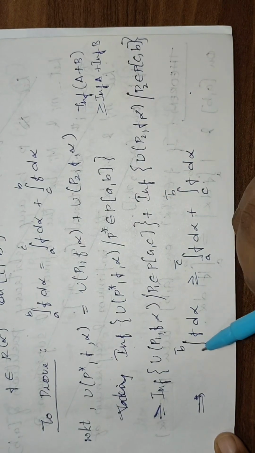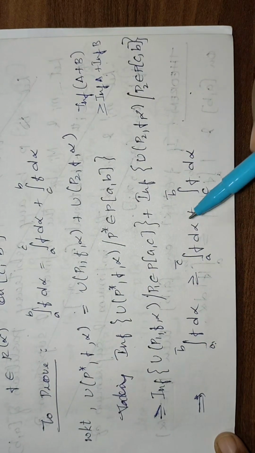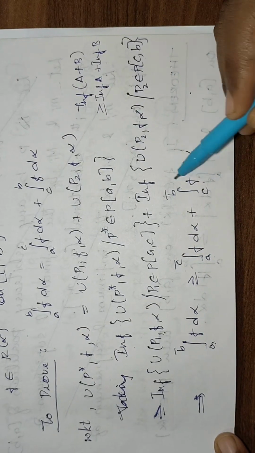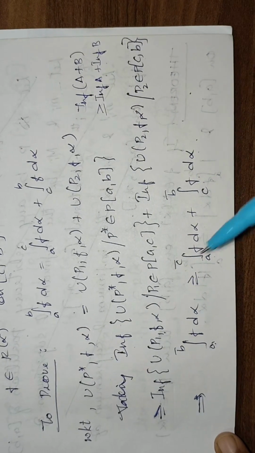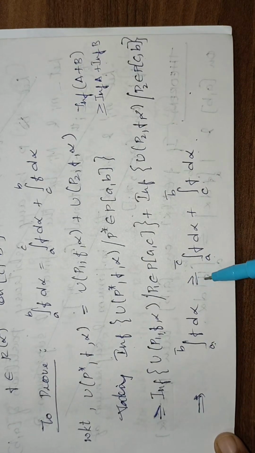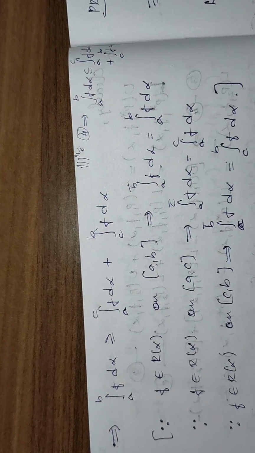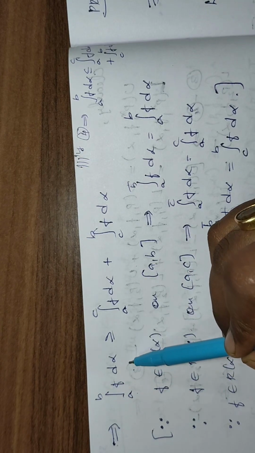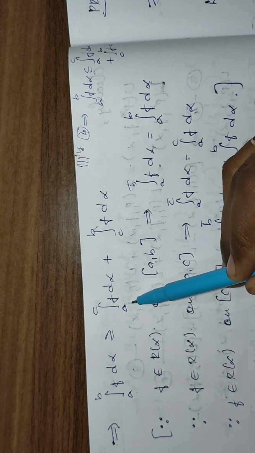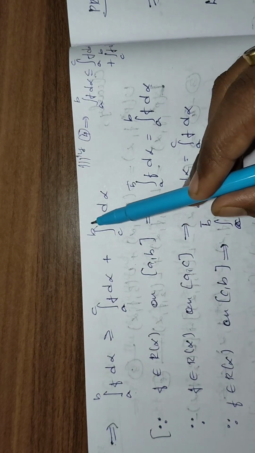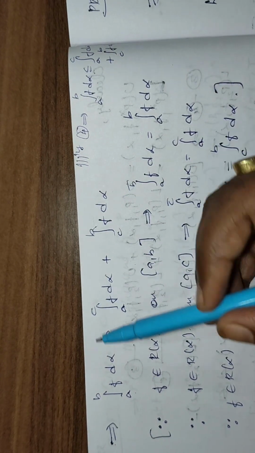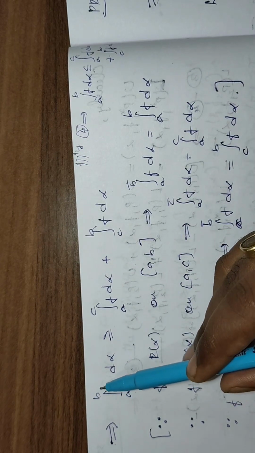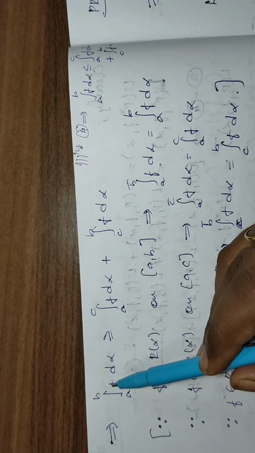Okay, so the integral from a to b of f d alpha is greater than or equal to the integral from a to c of f d alpha plus the integral from c to b of f d alpha. Okay, so here we have greater than or equal to. See, instead of the upper bars on a to b, a to c, c to b, I have removed all this and written simply a to b. Why?